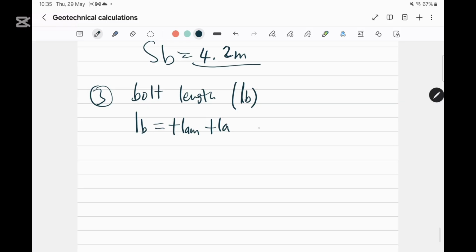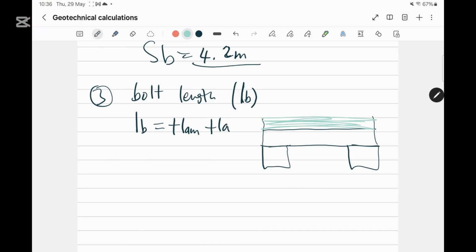Remember, this is the case that we have. We have something like this. We have our pillars, then we have something like this. Let's say we have our strong rock there. That's our sandstone. Then those laminated layers. So this is our soft layer, soft part. That's our strong part. So you're going to have your bolts driving through here, entering there.